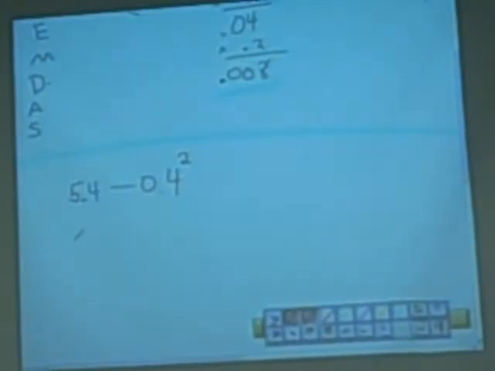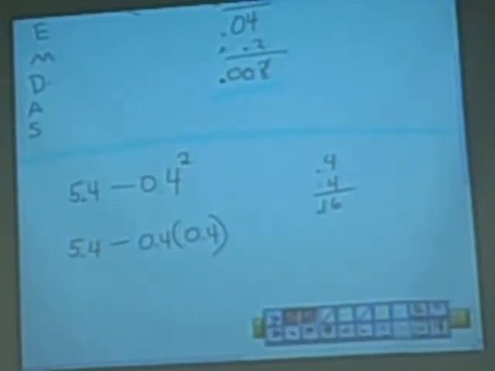So this would be like writing it out as 5.4 minus 0.4 times 0.4. Okay, so that's really what you're saying. So we're multiplying, we know that 0.4, and if you have to, off to the side, with decimals, you may need to do this, you're going to get 16, but we're moving that decimal point 2 places, right?